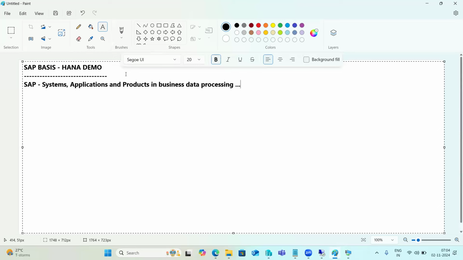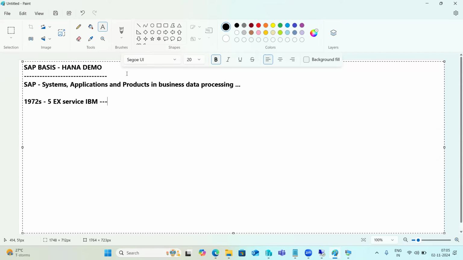So SAP is one of the ERP German softwares. Basically, this is German software. If I talk about the history of SAP, in 1972 five ex-IBM employees founded this SAP software, which means it was 52 years ago.